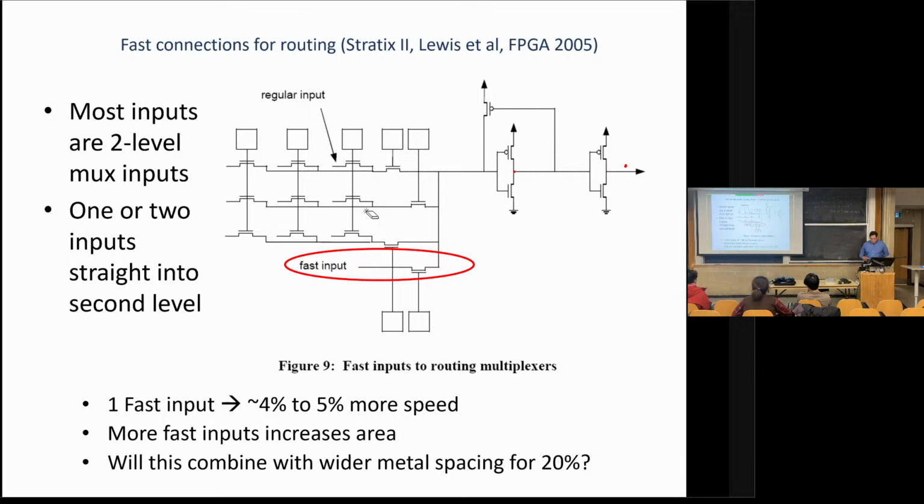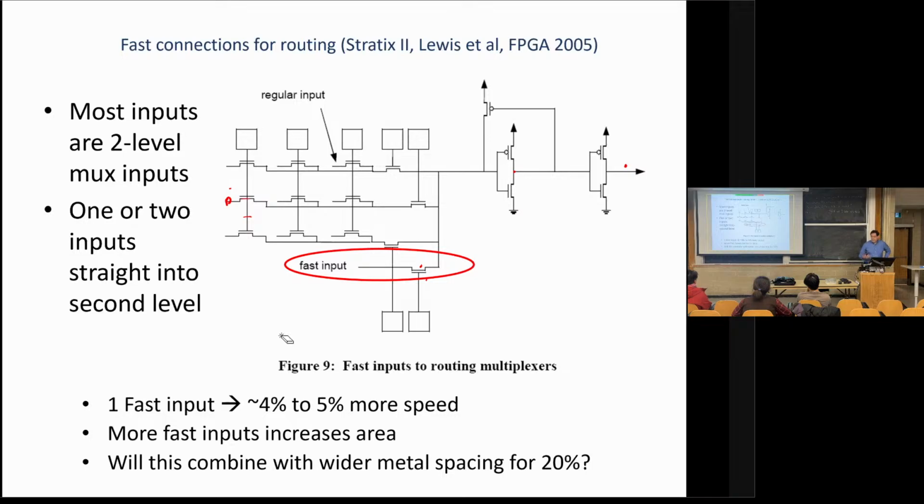And what this paper points out is that by making one fast input to the routing drivers, you get about 4 to 5% more speed. So it's quite beneficial. If you keep adding fast inputs, you're eventually just going from a 2-level mux to a 1-level mux, which we saw costs area. And it also starts slowing, because the mux is getting more metal, so they're not quite as fast as they used to be.